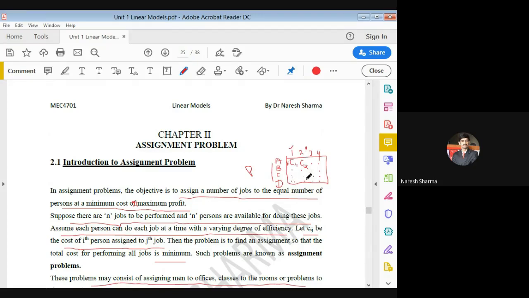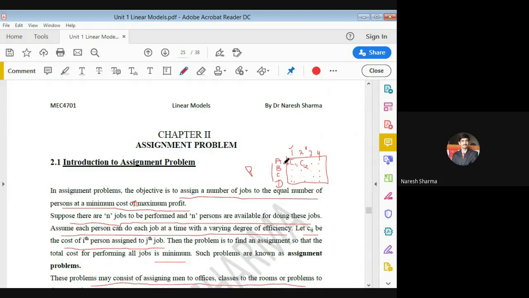Similarly, in the second column we also give one assignment, in the third column one assignment, and in the fourth column one assignment, because only one job is given to one person. No two jobs to one person, no two persons for one job. So one person, one job, respectively.